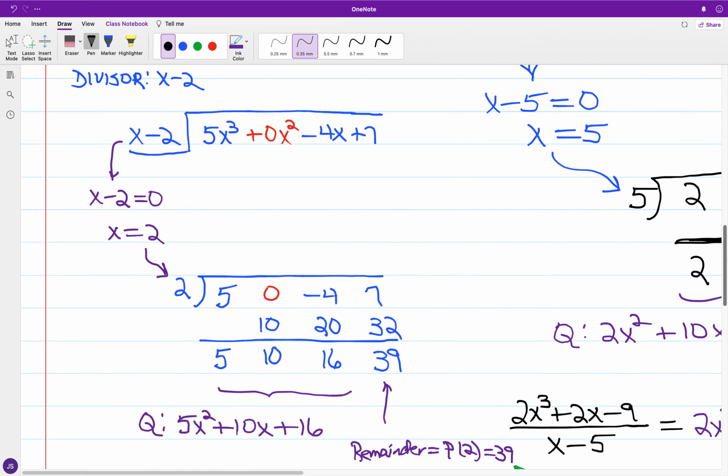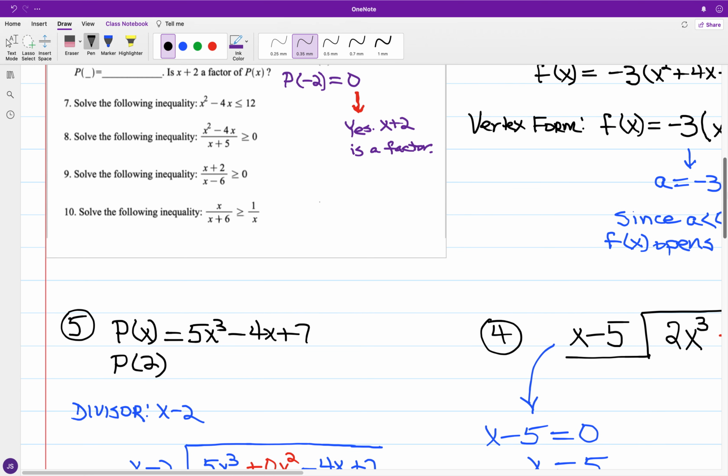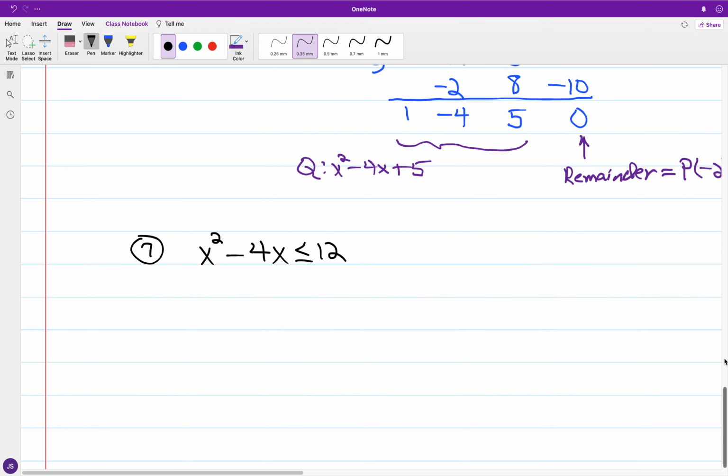Just double checking, yes, less than or equal to 12. If I rewrite this as a comparison to 0, I can just move the 12 over by subtracting. So we have x squared minus 4x minus 12 is less than or equal to 0.